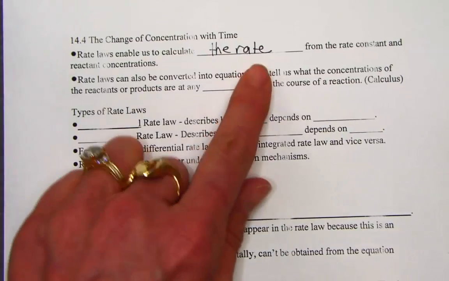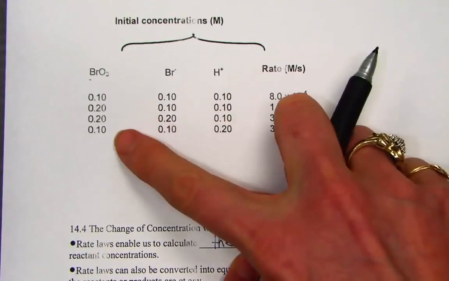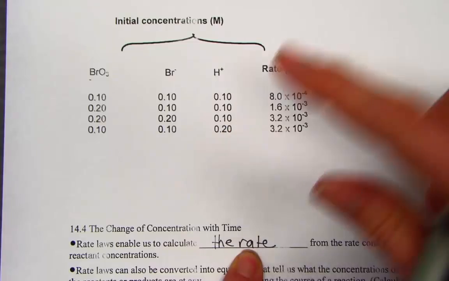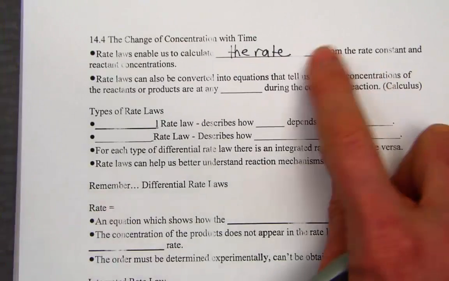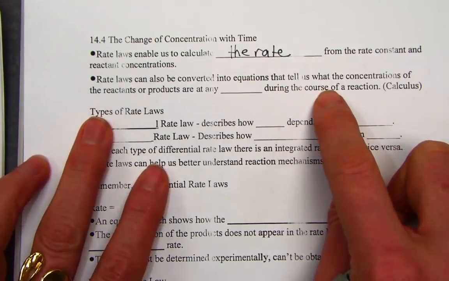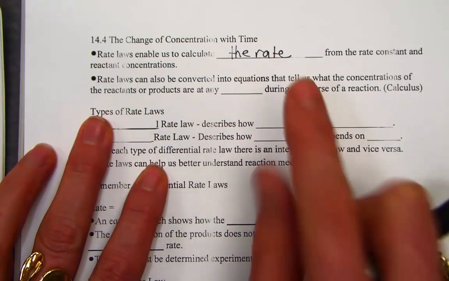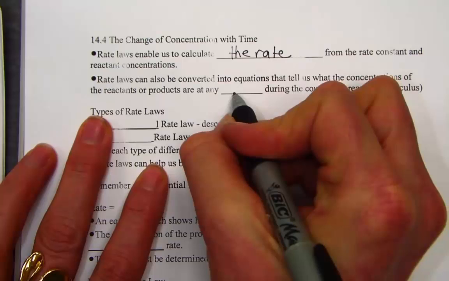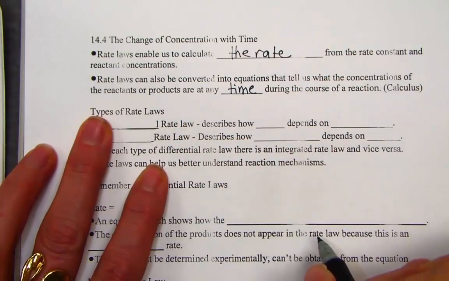Rate laws, just as in the example up above, rate is equal to k times the concentration of each reactant raised to some power. We are going to take a look at how the constant and the concentration can be used to calculate rate. Rate laws can be converted into equations that tell us the concentrations of the reactant or product at any point in time during the course of the reaction.